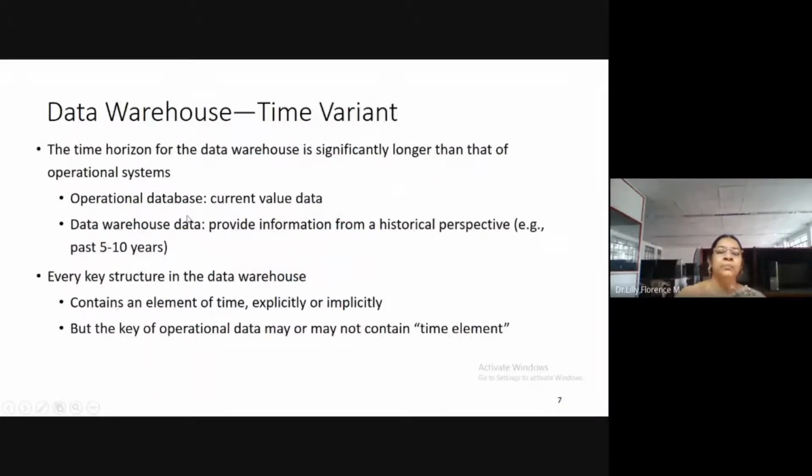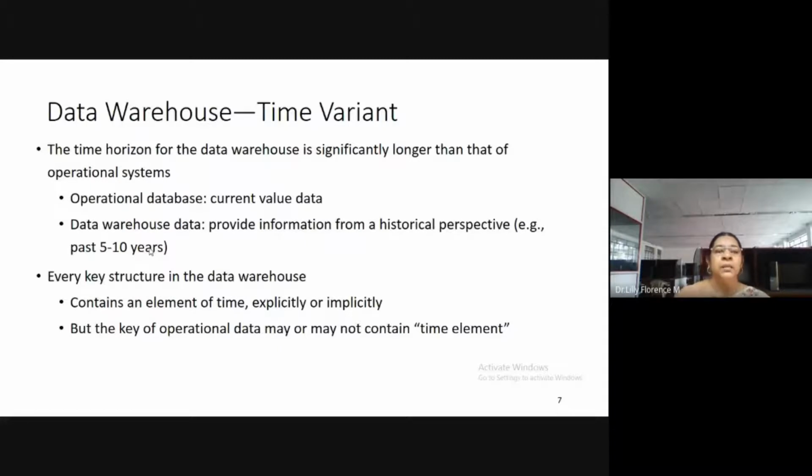Next, the third one is time variant. The data period in a data warehouse may be 10 years, 15 years, 5 years, or 1 year, like that. Historic data will be maintained in a data warehouse. An ordinary DBMS has the current data, real data that keeps on being updated. But a data warehouse is not like that.